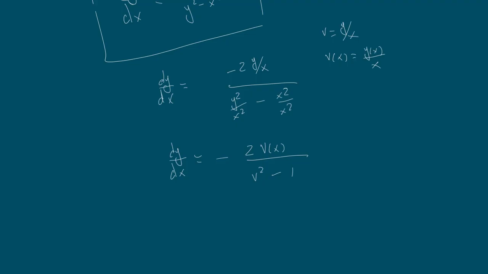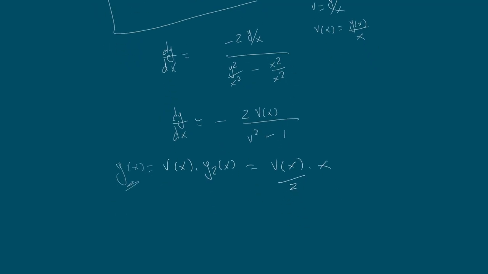So what we have to do is write y of x as v of x multiplied by y2 of x, where y2 of x is x. And what we want to find is v of x. If we find v of x, we can find y of x.